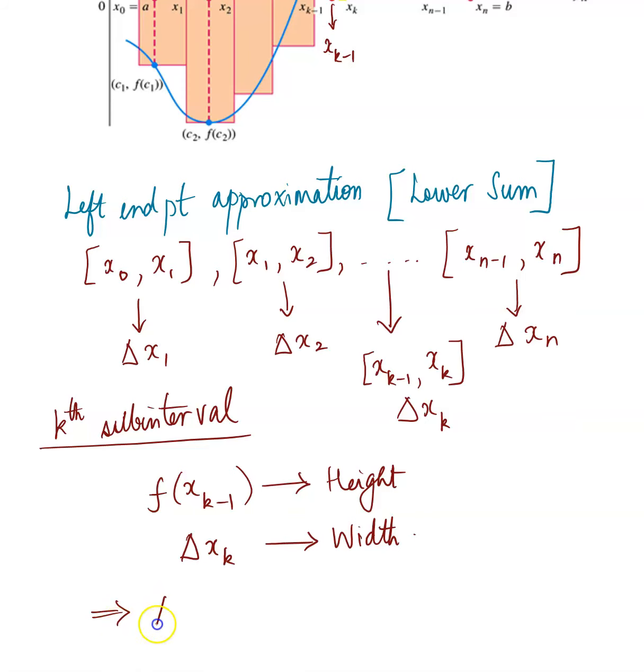That means the area of the kth rectangle will be f of xk minus 1 times delta xk. Does that make sense? So this is just any kth interval.